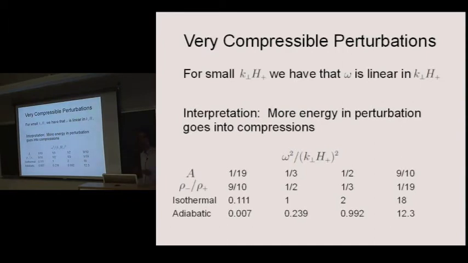And a way of understanding this is that the energy in the perturbation, if you're very compressible, can go into compressions as opposed to, say, kinetic energy that would grow the instability. So if your modes are very compressible, then you grow less quickly.